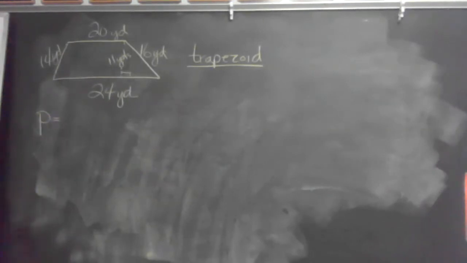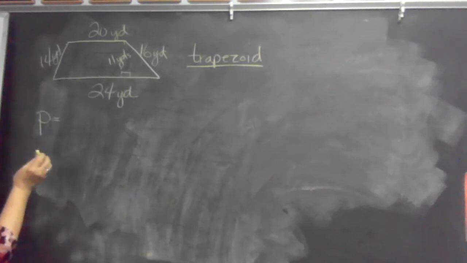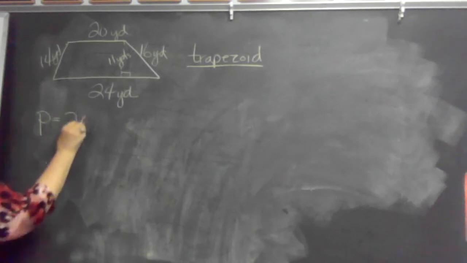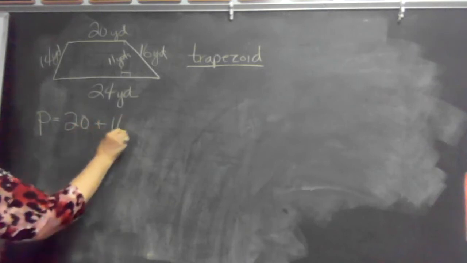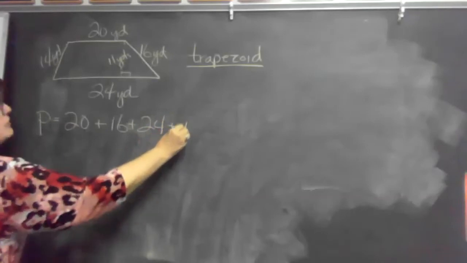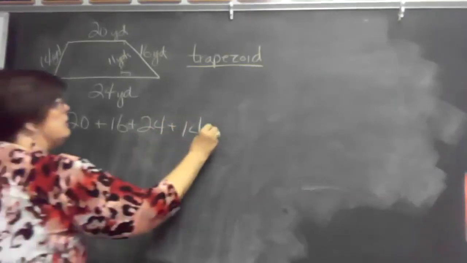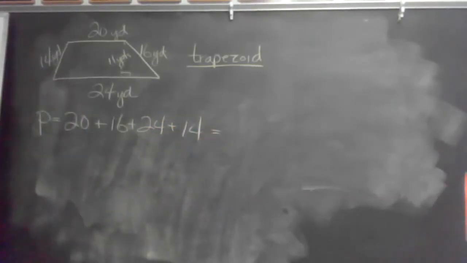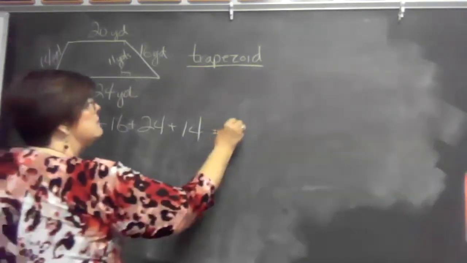Mary, tell me how to find it. 20 plus 16 plus 24 plus 14. Perfect. That's great. Let me see if I can do this. 74.